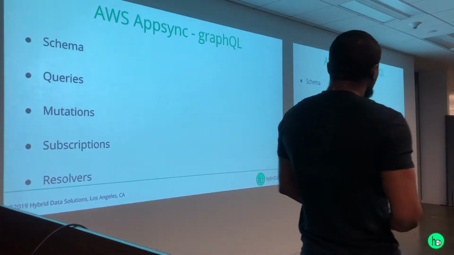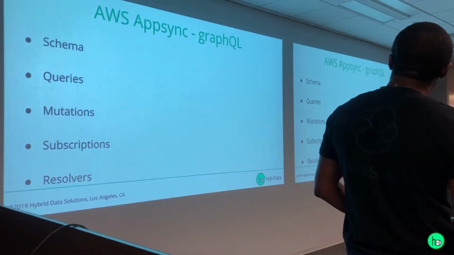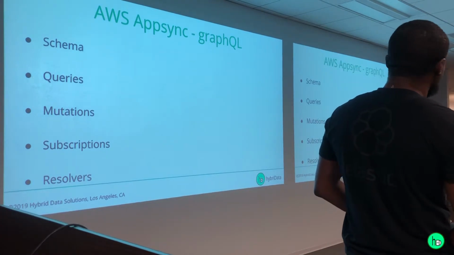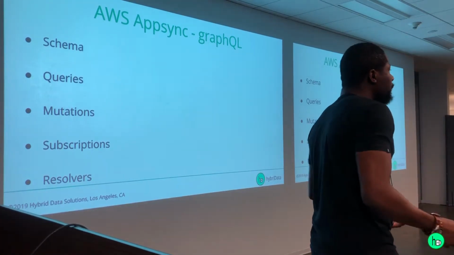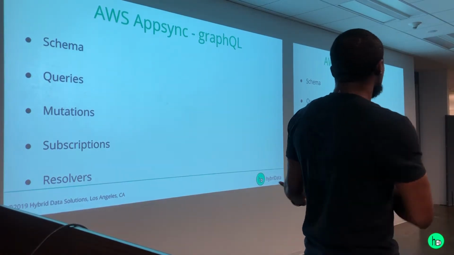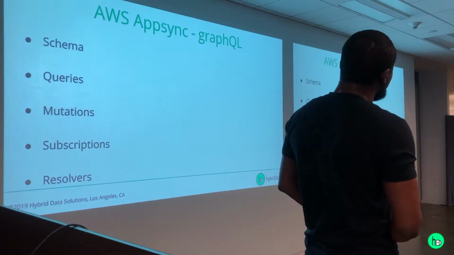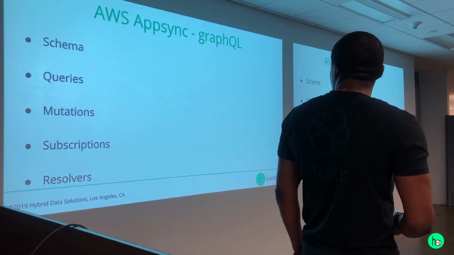Now, once you've deployed these stacks and also your Elasticsearch cluster, you want to be able to take full advantage of the Elasticsearch cluster with a client. That's where you need AWS AppSync, which has GraphQL offerings attached to it.